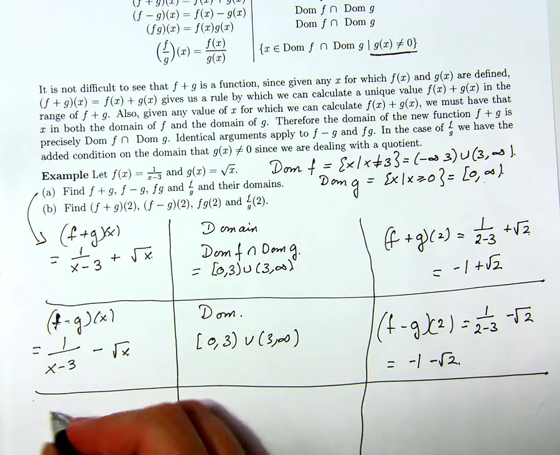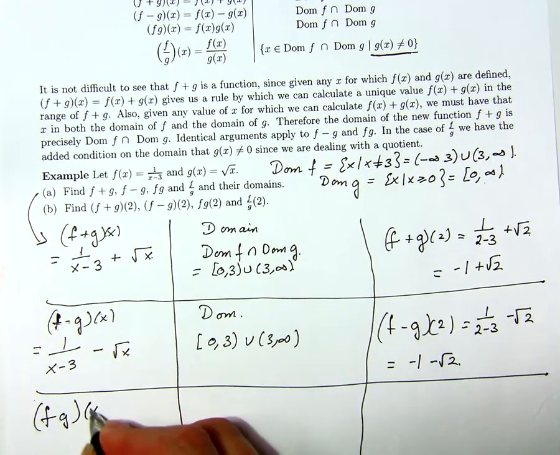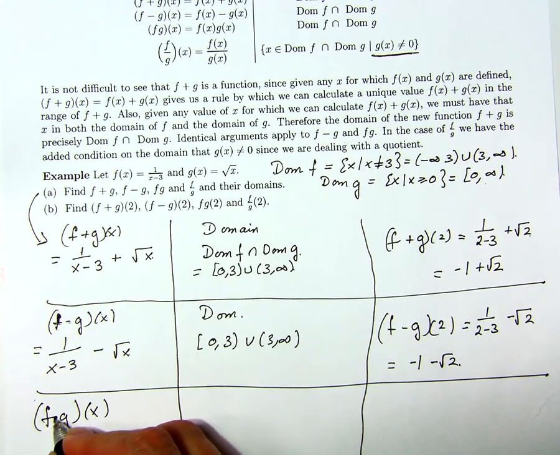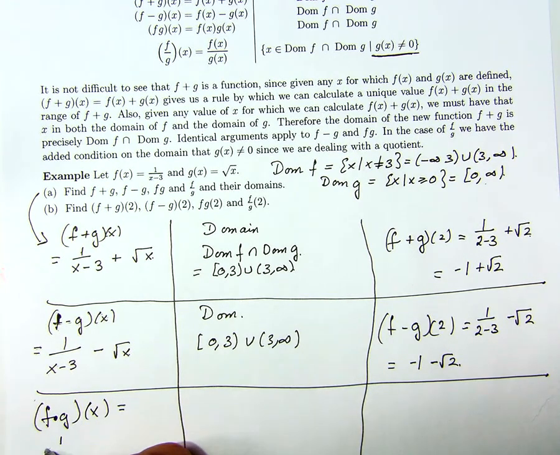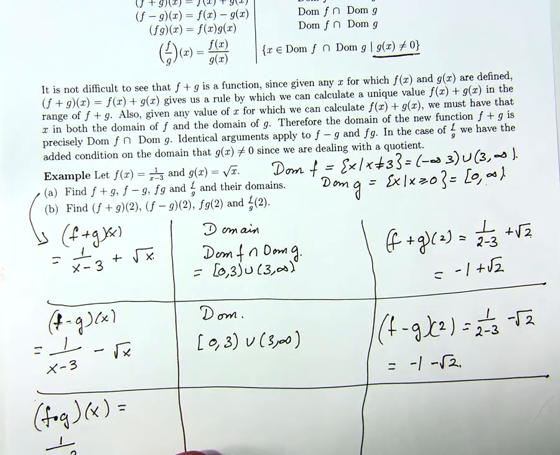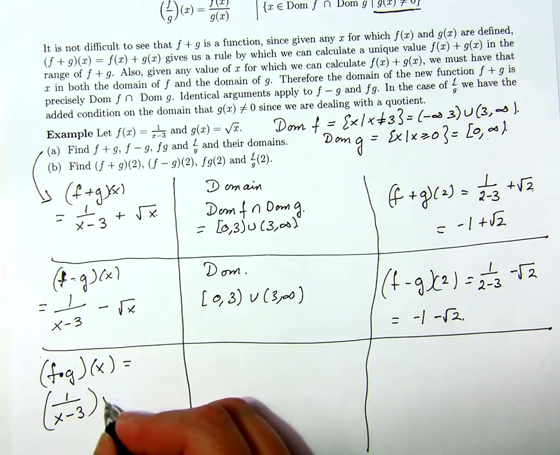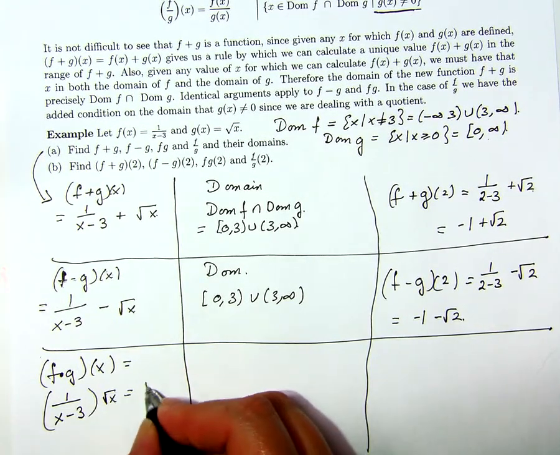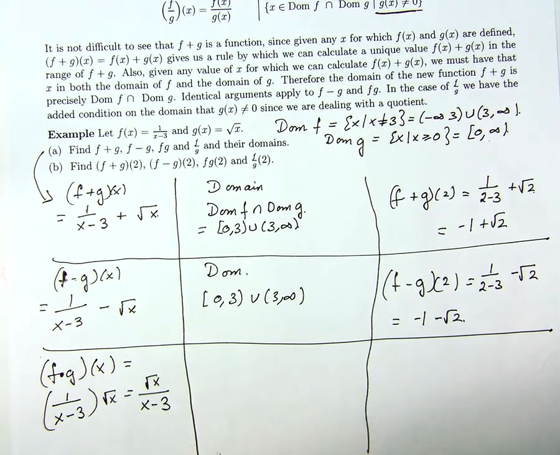f times g of x, sometimes we put a little solid dot there to indicate f times g. That's the product of these two functions. So its formula is given by f of x times g of x, and we can tidy that up a little. It's the square root of x over x minus 3.